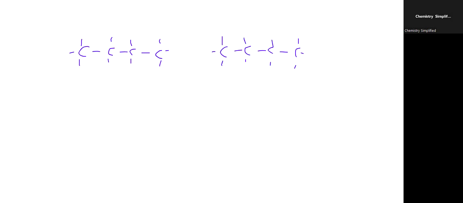So OH is in carbon number 1 and OH is in carbon number 2. This is butan-1-ol, butan-2-ol. But both of them are unbranched isomers.